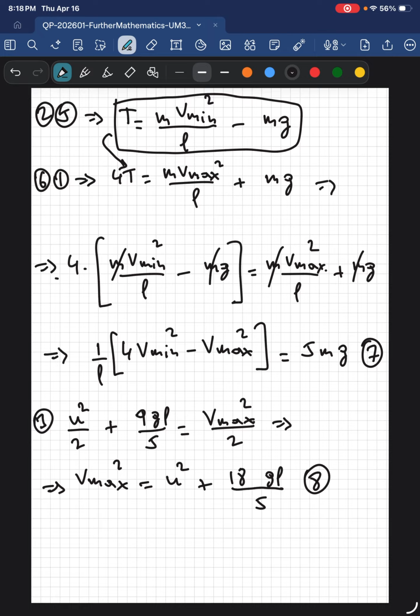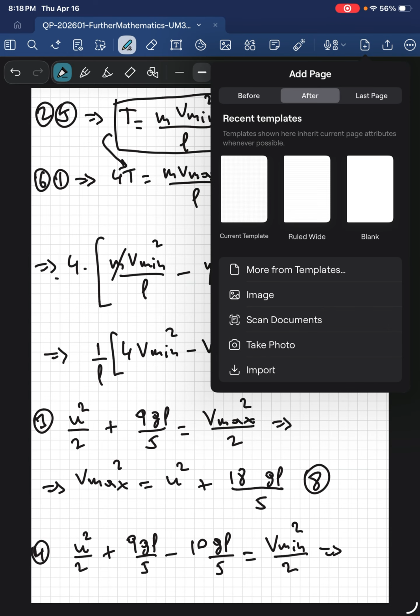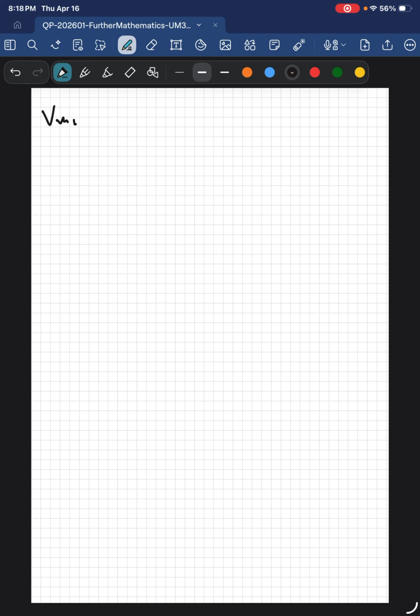And now from equation 4, we get that u squared over 2 plus 9gL over 5 minus 10gL over 5 is equal to V minimum squared over 2. Therefore, V minimum squared is u squared minus 2gL over 5, which is equation 9.